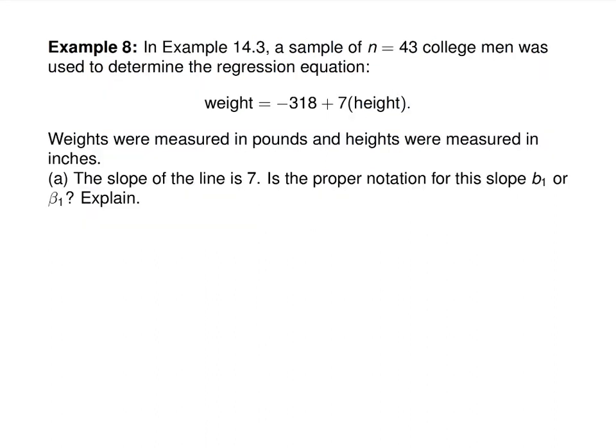All right, in example 14.3, a sample of 43 college men was used to determine the regression equation weight equals negative 318 plus 7 times height. Weights were measured in pounds and heights were measured in inches. The slope of the line is 7, is the proper notation for the slope B1 or beta 1. The proper notation is B1 equals 7 because this regression line is from sample data.